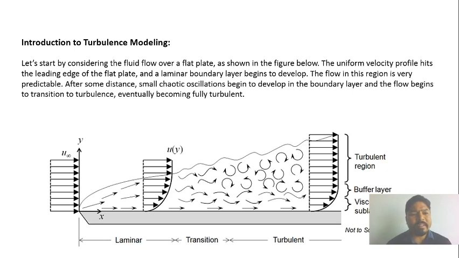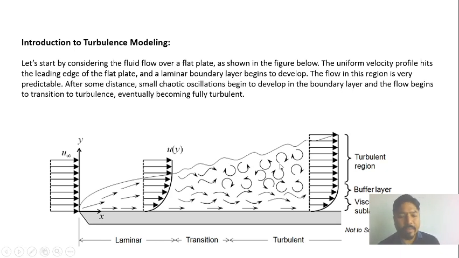Let's start by considering the fluid flow over a plate. As shown in this figure, the uniform velocity profile hits the leading edge of the plate and a laminar boundary layer begins to develop. The flow in this region is very predictable. After some distance, some chaotic oscillations begin to develop in the boundary layer and the flow begins to transition to turbulence, eventually becoming fully turbulent.